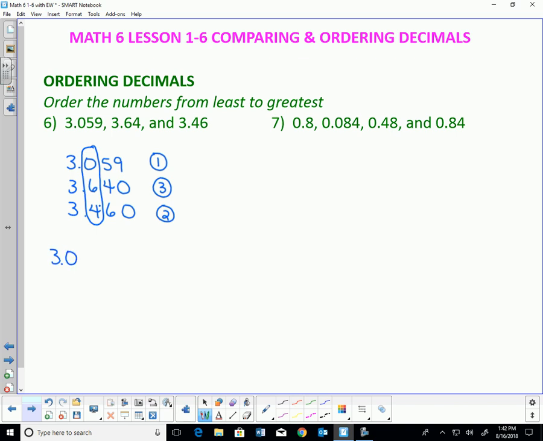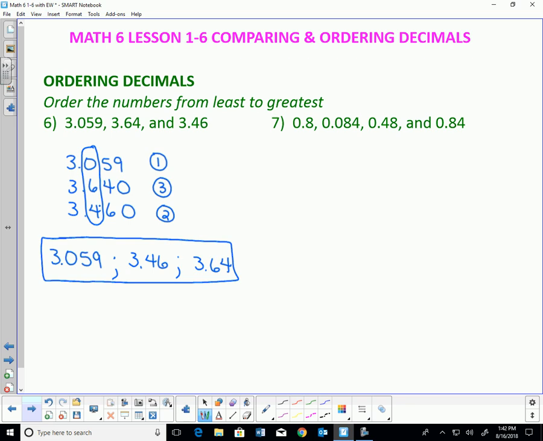I'm going to use a semicolon so that I can separate my numbers and I don't get things confused. My second largest number was 3.46. Notice I dropped the 0 off because originally it didn't have a 0 when we wrote it. You write it back in its original form. And the last number is 3.64. Again, dropping that 0 off because it didn't have it originally. So there's my 3 numbers written from smallest to largest.